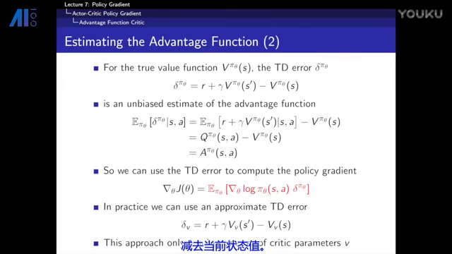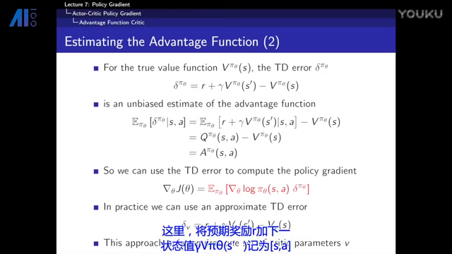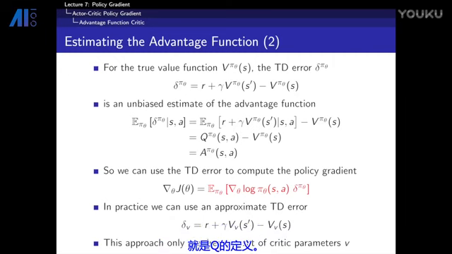The expectation doesn't affect this thing because there's no random variable in here. S is what we're conditioning on. This term here, the expected reward plus state value at the next state, given S comma A, is precisely the definition of Q. This is just like unrolling our Bellman equation one half step.